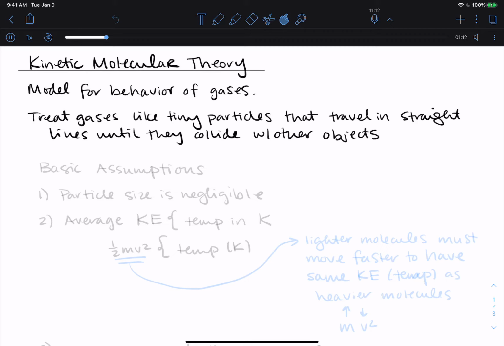And so there are three basic assumptions that we make about gases and their behavior. The first, which was one of our criteria for being an ideal gas, is that the particle size is negligible.